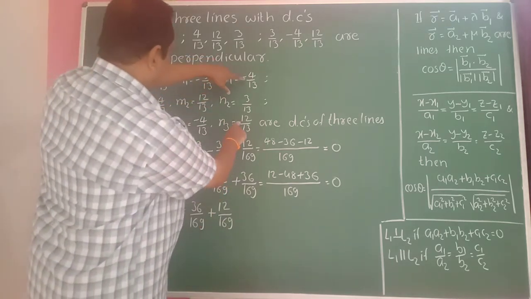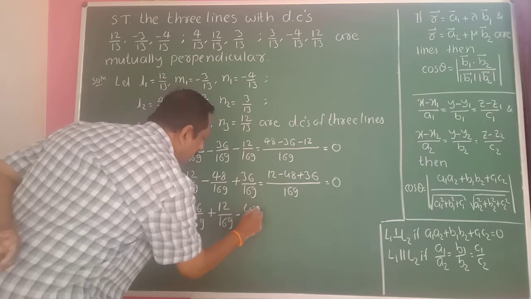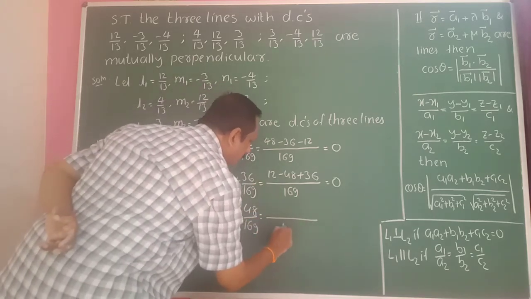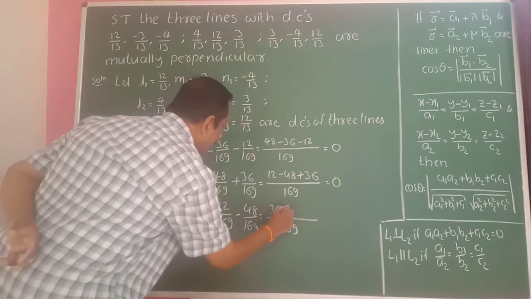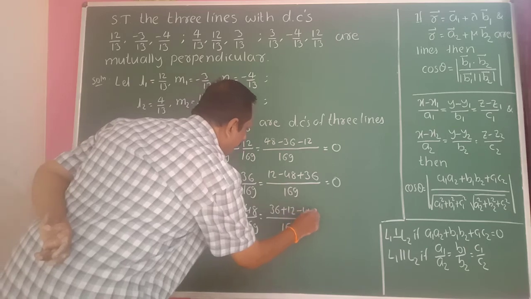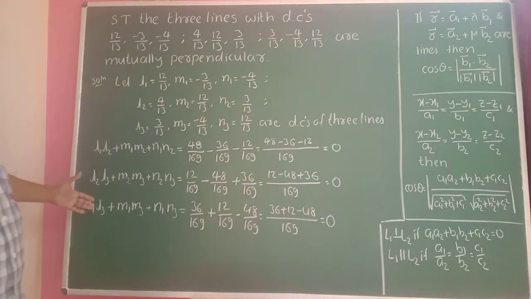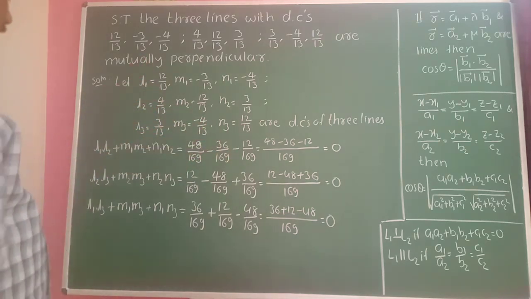And 12 fours are 48 here, minus 48 divided by 169 here. So 169 is the LCM. Therefore 36 plus 12 minus 48 is equal to 0.